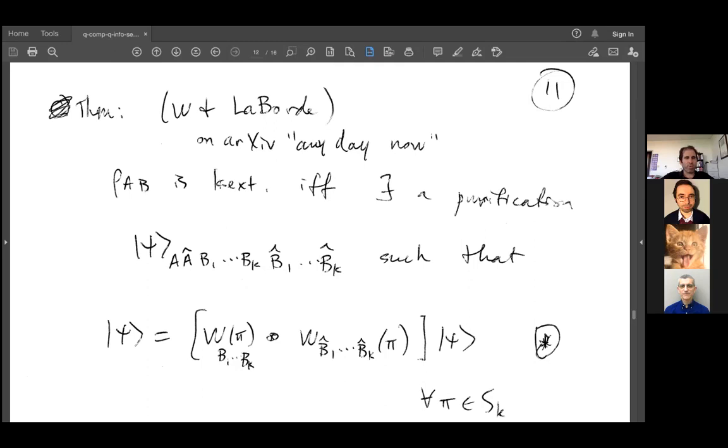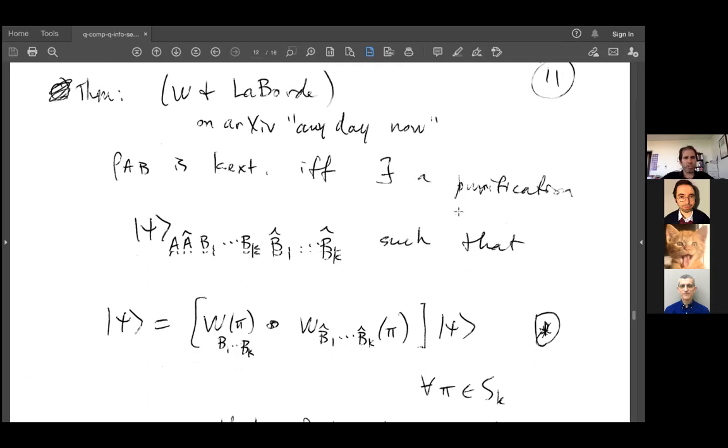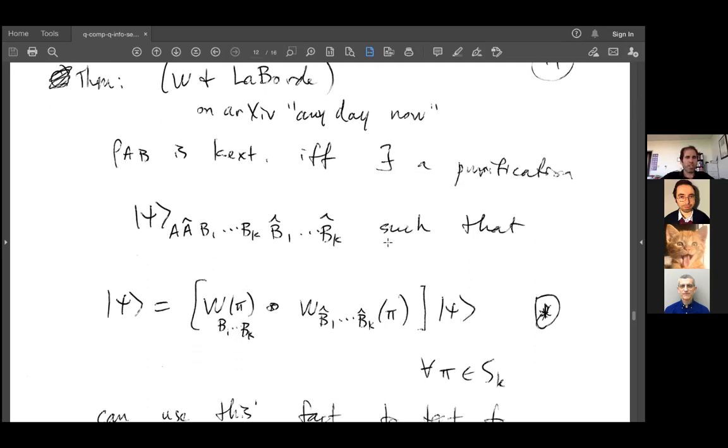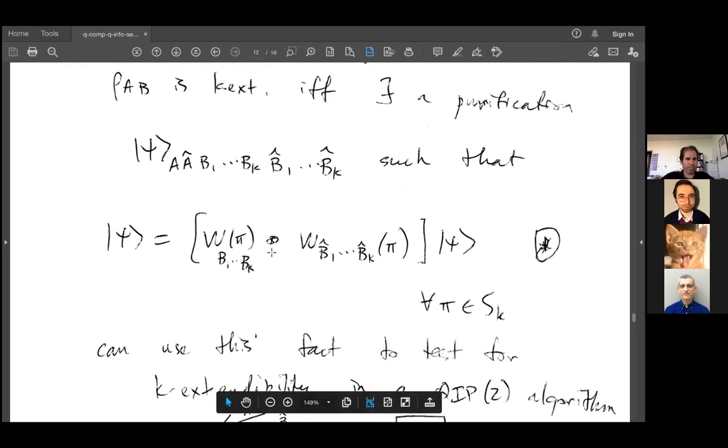So a state rho AB is K extendable if and only if there exists a purification such that this is satisfied. This W pi is a unitary representation of a permutation of K systems. And the psi, the purification, is invariant under a tensor product of these permutation unitaries, okay? And that's for all possible permutations.